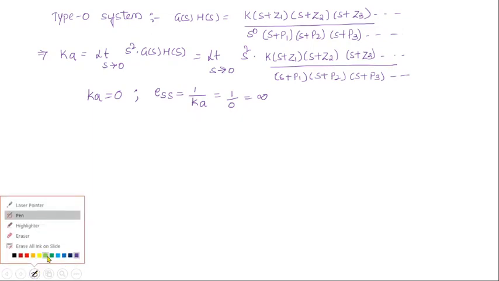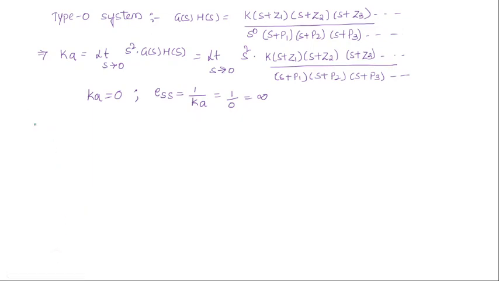So let me take the type 1 system and do the same procedure. For type 1 system, the number of poles at the origin is 1.